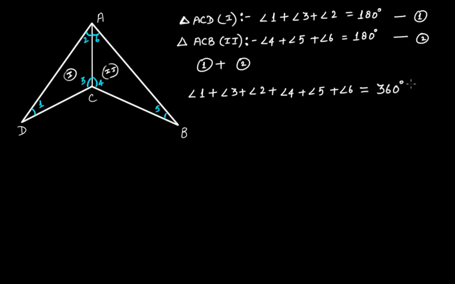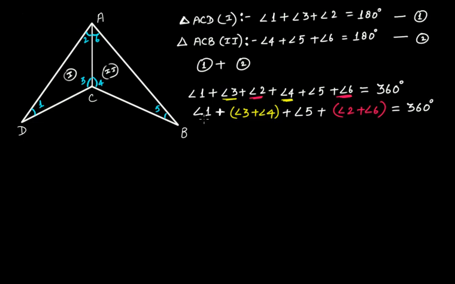Okay, now this is angle 1, right? Plus, if I group together angle 3 and angle 4, angle 3 plus angle 4, and then write the rest of the angles, then we write angle 5, and then we group together angle 2 and angle 6. So angle 2 plus angle 6, and this is equal to 360 degrees.